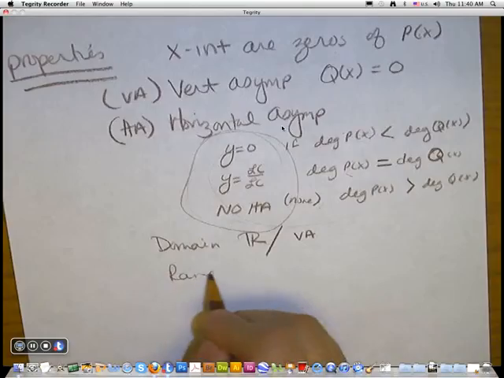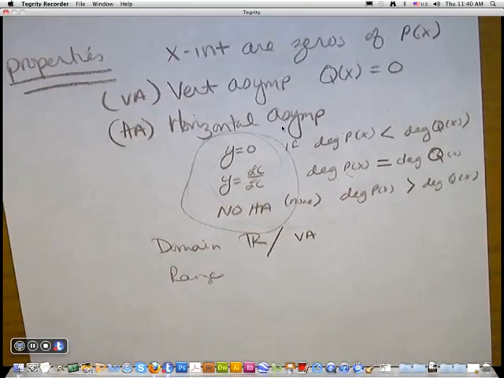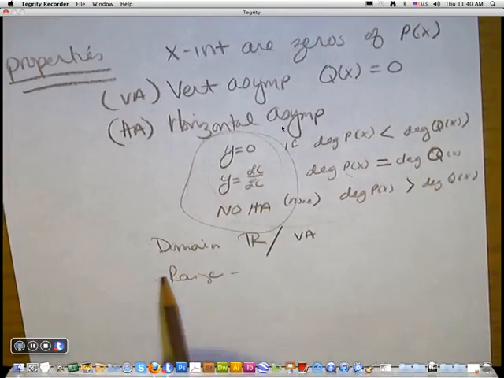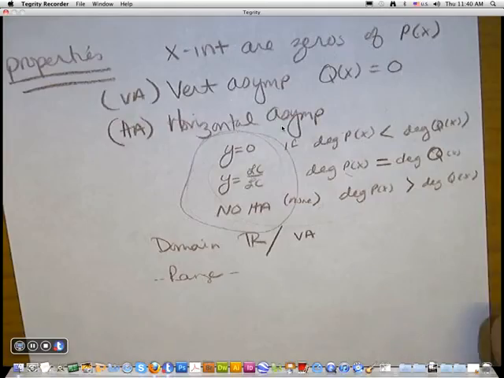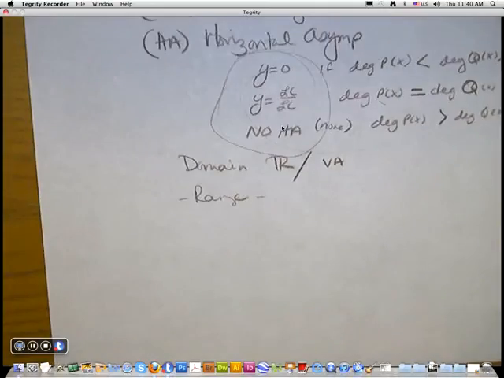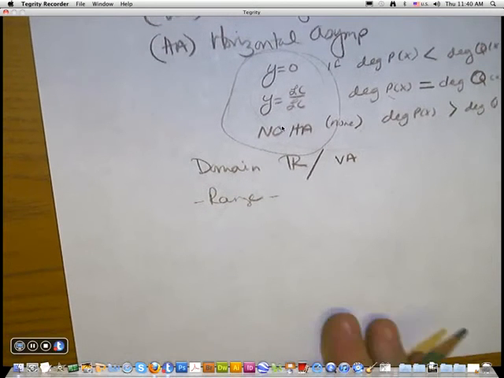And the range, well, that's a little tricky. Sometimes you need to be able to look at your pictures to figure them out. You may not always be able to figure out your range based on the graph alone of what you do by hand. You might have to look at your calculator. So this range question is going to vary, and it really only comes into play when you can graph a fairly accurate picture by hand or use your calculator.